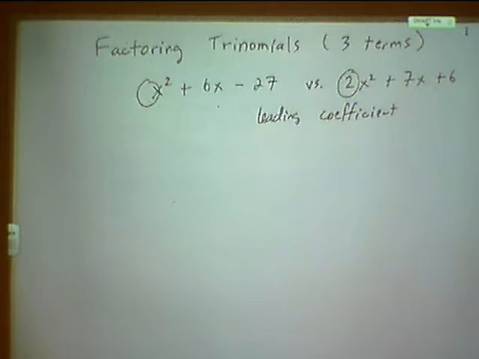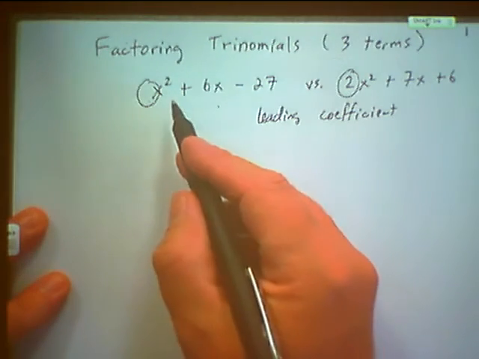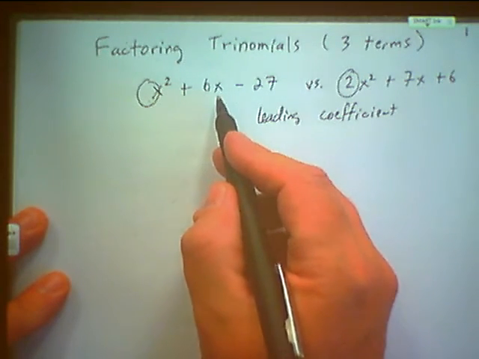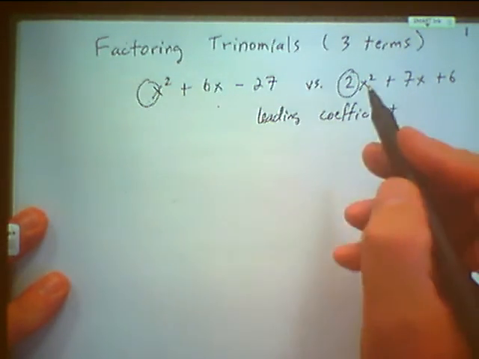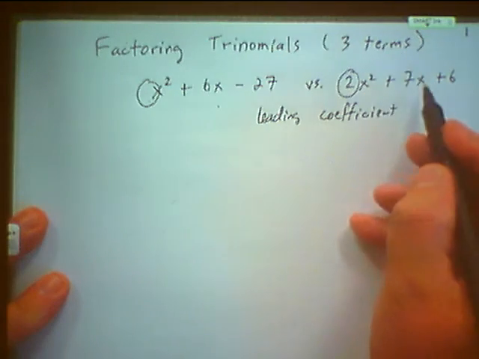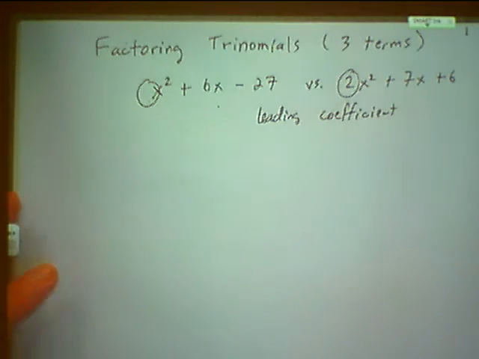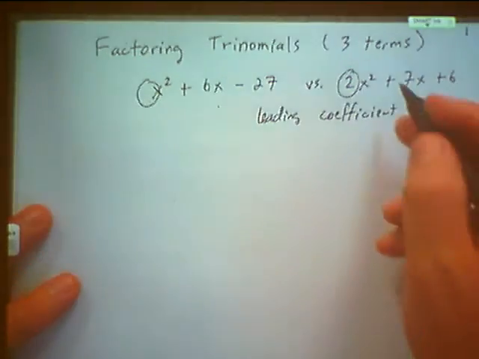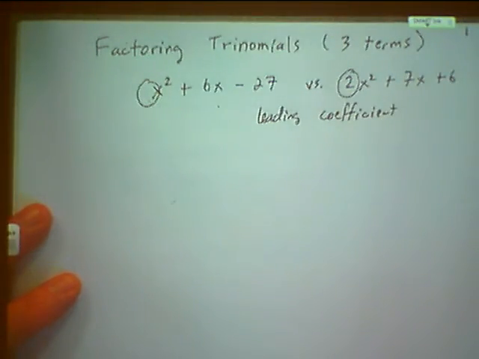The reason why we want to make note of this is because we're going to factor these at the start in the same way, but after a couple steps, this first kind is finished, but a trinomial with a number in front of the square term has a couple extra steps.